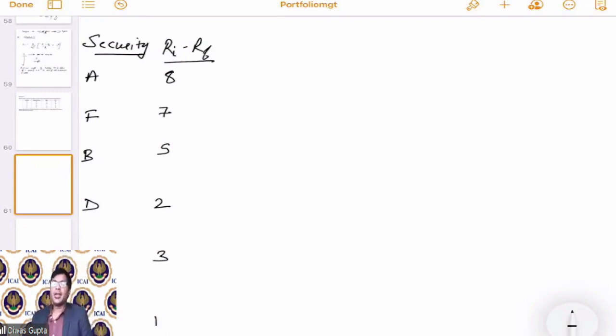Now students, automatically the Ri minus Rf is arranged like this, and we have to put the beta also here. So the beta is how much for the respective security? 1.5 for A, 1.5 for F, B beta is 2, D beta is 1, C's beta is 2.5, and E's beta is 1.2.